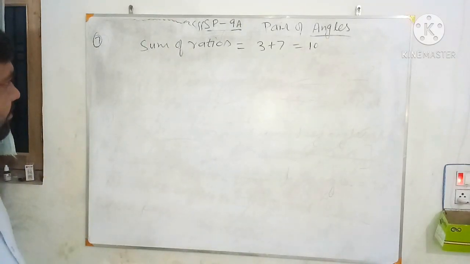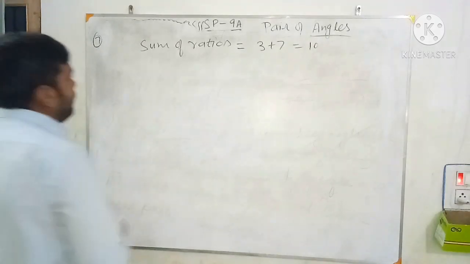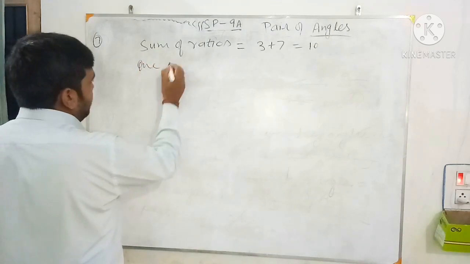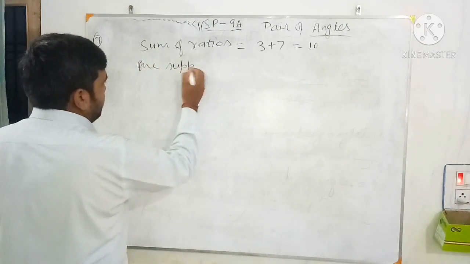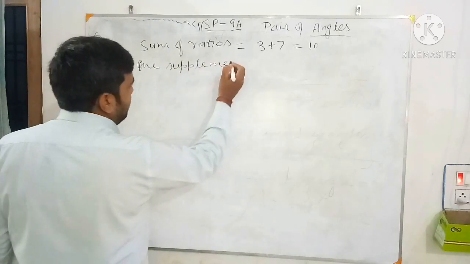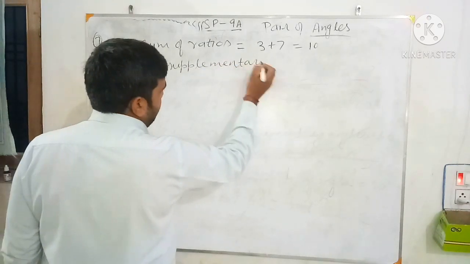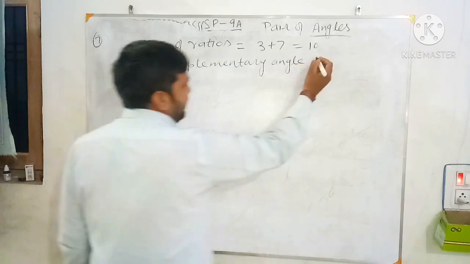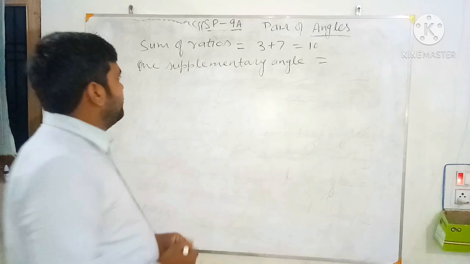So what will be the measurement of one supplementary angle? What is the share of the first supplementary angle?